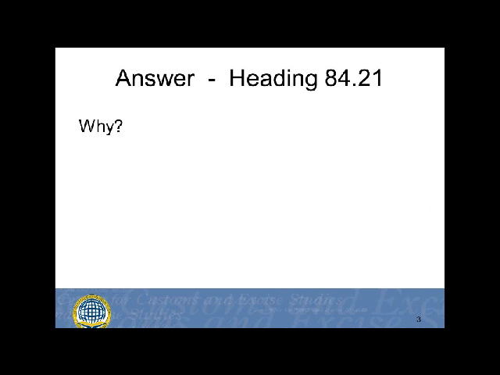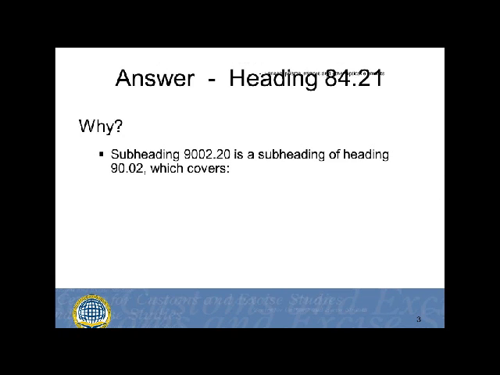But why? The answer lies in the terms of heading 8421, but it could be argued that the term filters also covers the goods. However, subheading 900220 is qualified by heading 9002, and heading 9002 has nothing to do with water filters. It covers lenses, prisms, mirrors and similar optical elements.